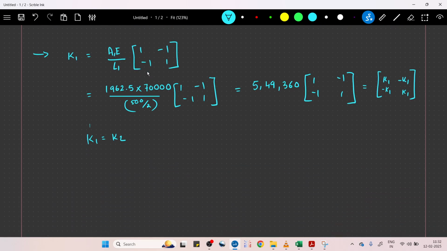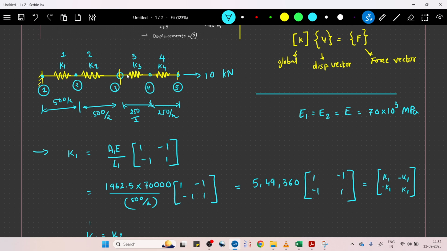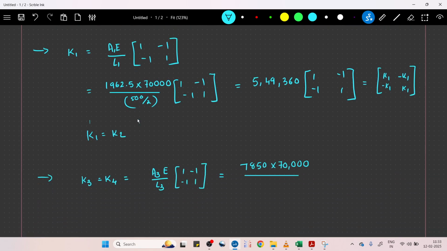We'll get the values for k3 equal to k4, which is equal to A3 E by L3 times 1 minus 1, minus 1 1. A2 is going to be pi R2 square, which is 7850, I think, times 70,000 divided by L3, the element 3 length, which is 250 divided by 2.